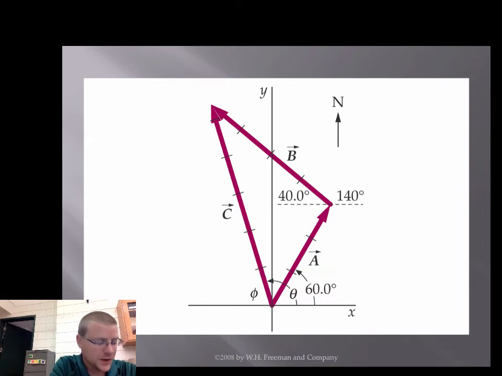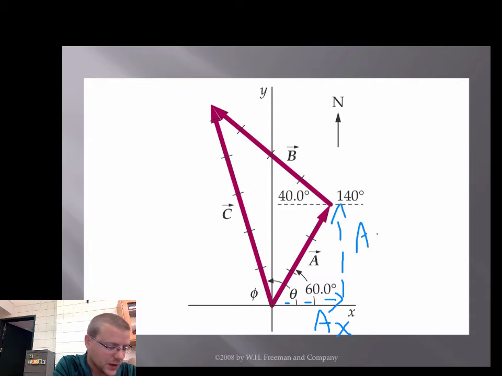So the way I would do this is I would have this blue dashed line be AX, this one up here be AY, and then I would break vector A into its 2 components.